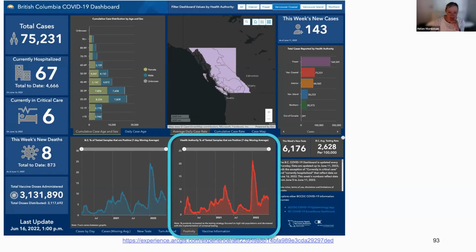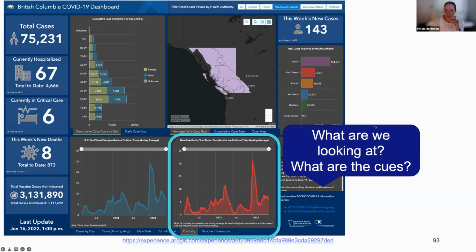Like I said, what are we looking at in this little quadrant here? Any guesses? Is it too small?